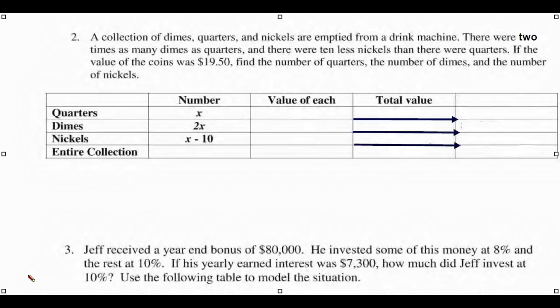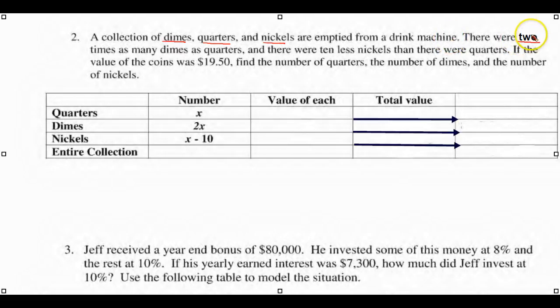Now, a number of students have been working ahead, so in lab I've sat with many students going over things like this, but here it is in our lecture session. A collection of dimes, quarters, and nickels are emptied from a drink machine. There were two.